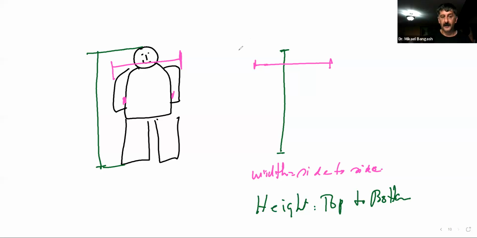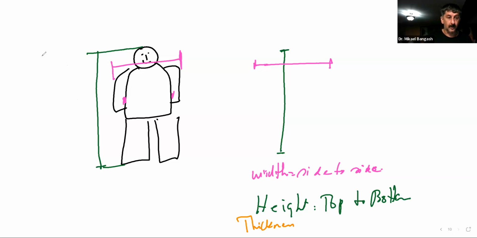Now just trying to talk about the last dimension, which we can't call it something else, so we are going to call it thickness.